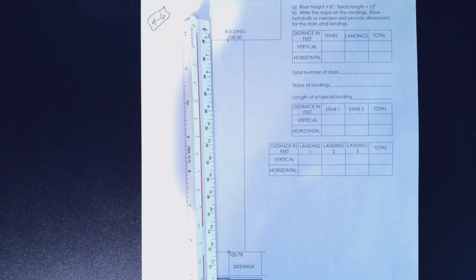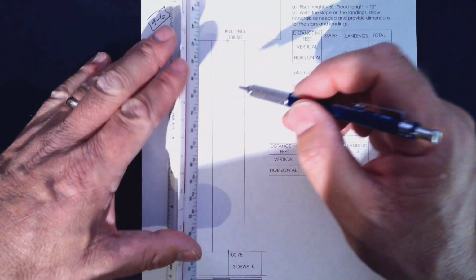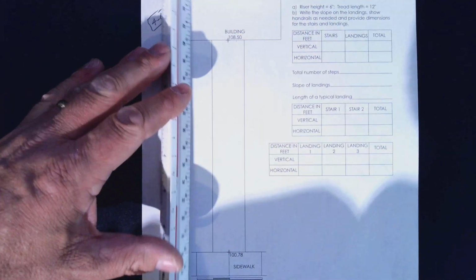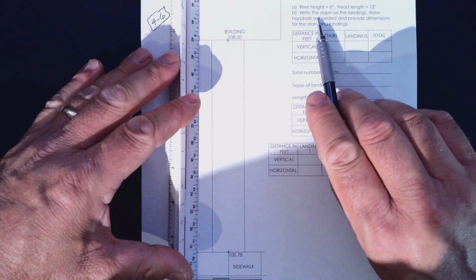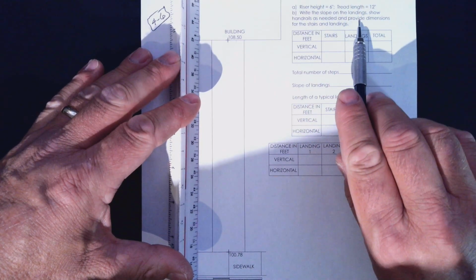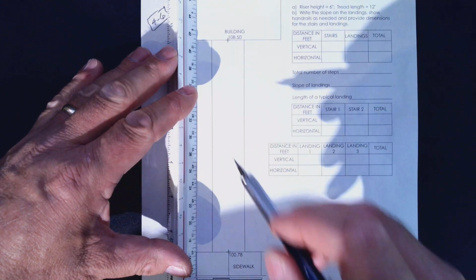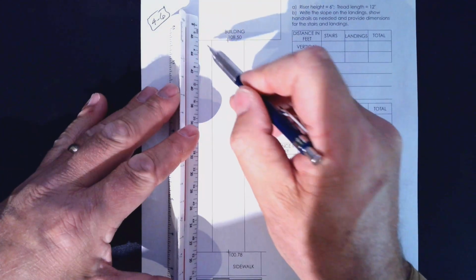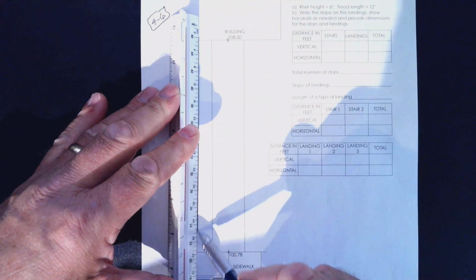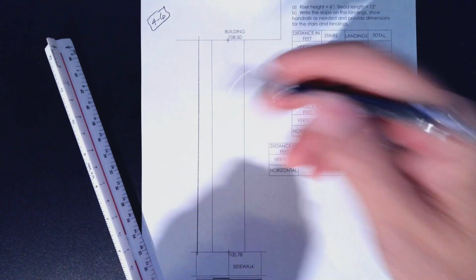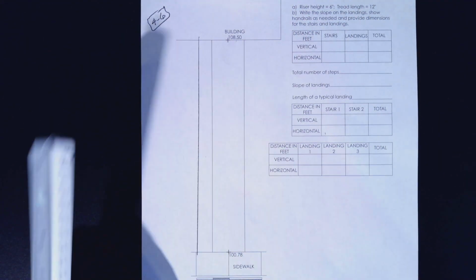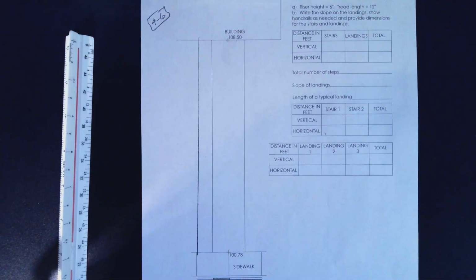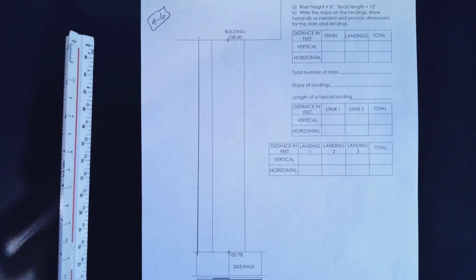What we can do here is draw a line right down the side, because one of the things they say to do is provide dimensions for stairs and landings. So we're just going to draw a line down, and from this we'll dimension over the length of our stairs and landings.